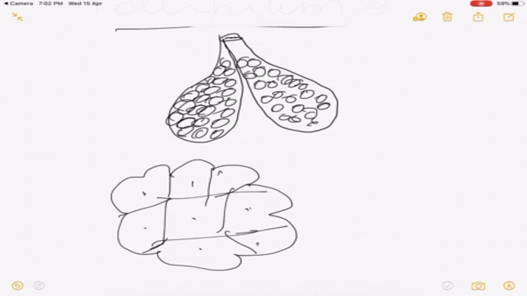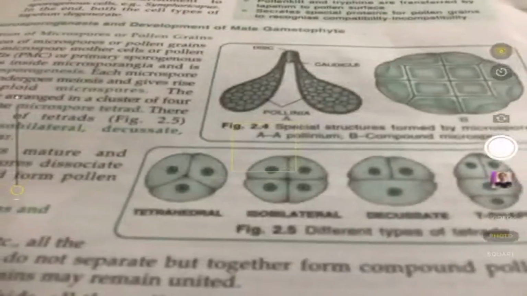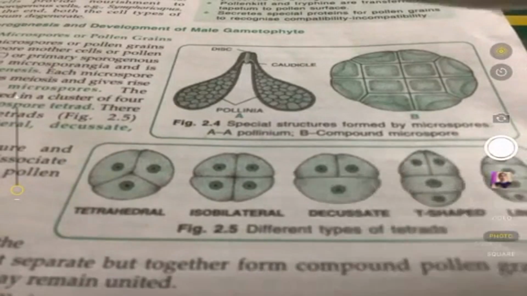Otherwise, most of the plants form tetrads only, and different shapes of tetrads can be seen. I want to show you, look at this, students. This is pollinium.